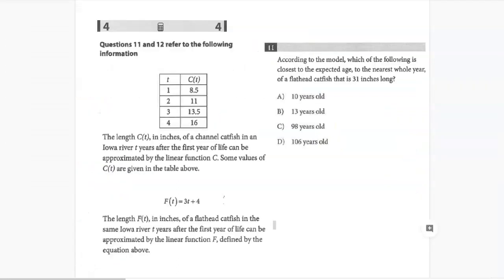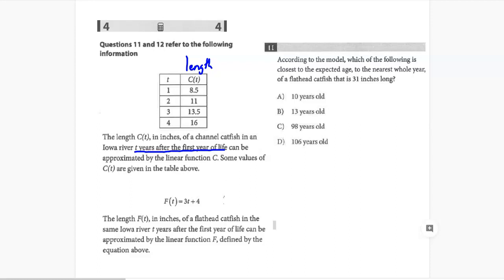All right, we have one of those multiple part problems. Looks like we have a table function. So the length C of t, this is the length of a channel catfish in the Iowa River t years after the first year of life. So basically when t is 1, that means it's 1 year old. It can be approximated by a linear function.